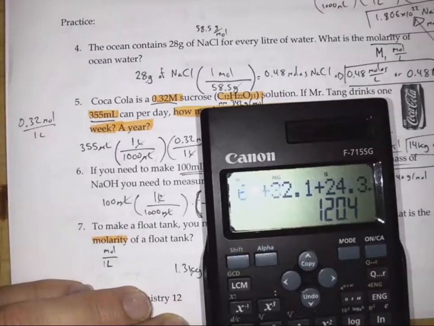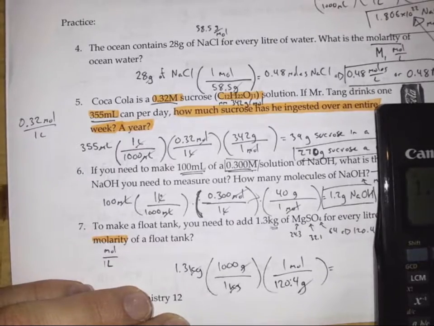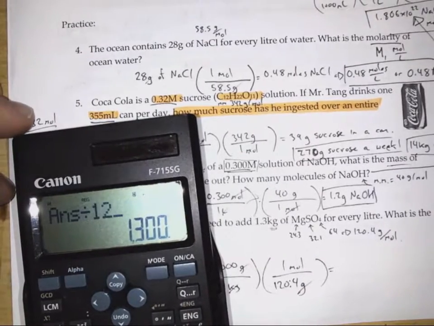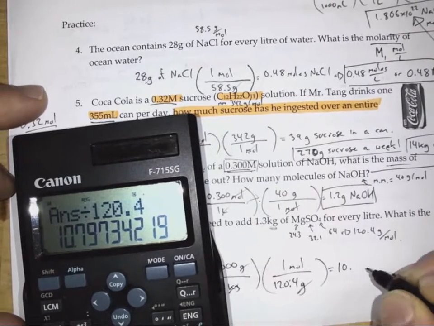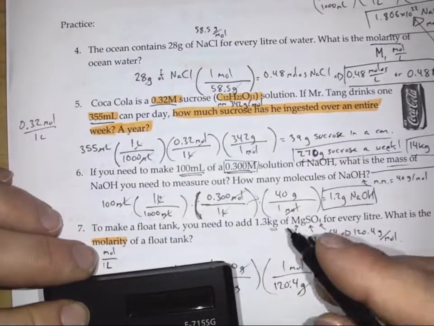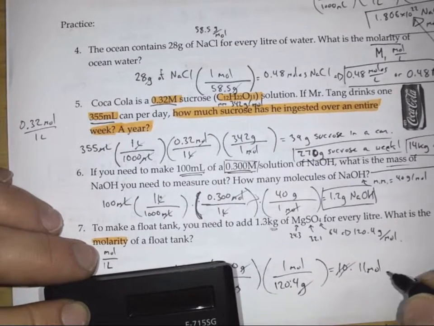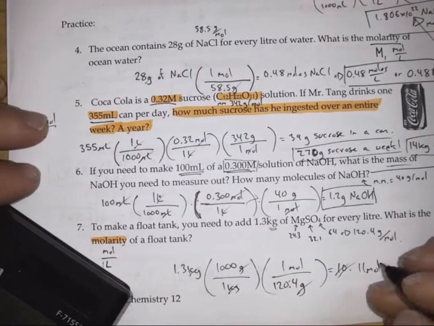And that gives us 1.3 times 1,000 divided by 120.4, and we get 10 point, wait, how many sig figs? Oh, just 2 really, okay. It should be 11 moles. So 11 moles of magnesium sulfate for every liter.